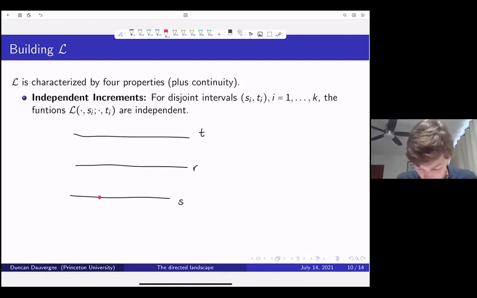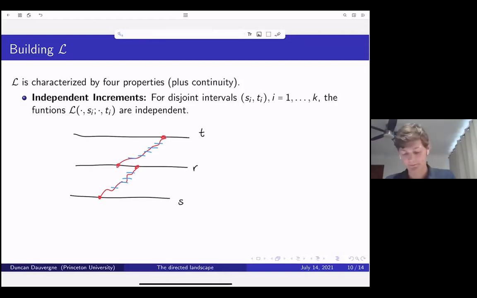Distances between line Sn and line Rn use one set of Brownian motions, and distances between these next 2 times use another set of Brownian motions. So of course, they're going to be fully independent. And so when you pass to the limit, what you see is that disjoint time intervals have independent increments. It's a very natural property.